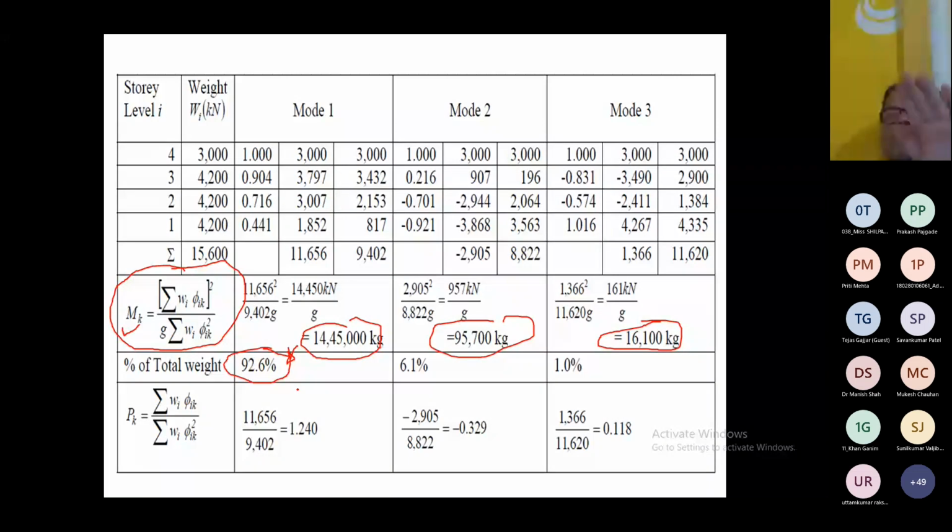Generally, in the first mode, most of the time, we get the highest mass participation in case of a regular structure. If it is an irregular structure, sometimes a torsion mode may be dominating. But here, our structure is a very regular structure, 15 meter by 20 meter in plan, and it is symmetrical, so there is no eccentricity.